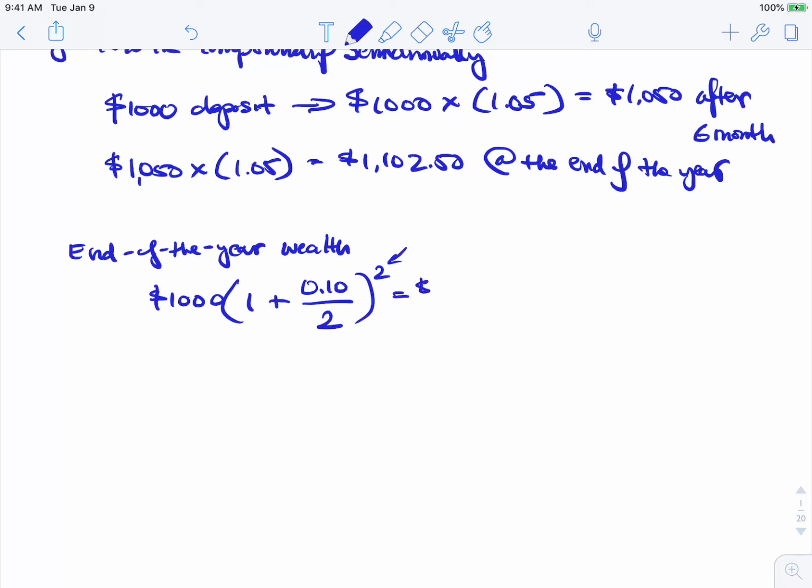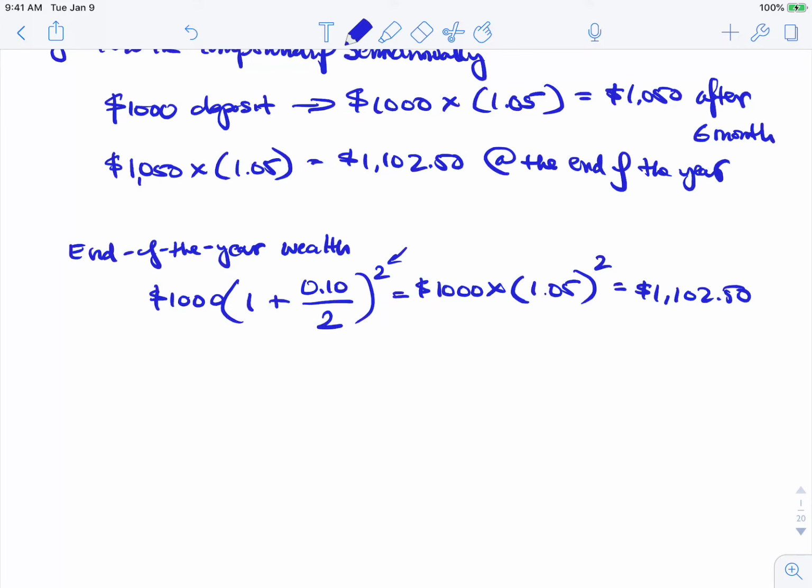So it's equal to 1,000 times 1.05 squared, equal to 1,102.50.